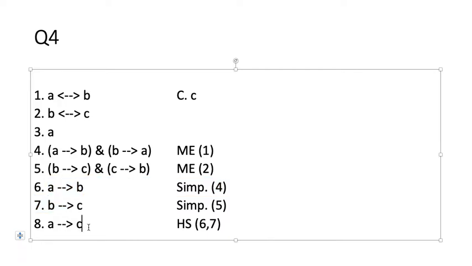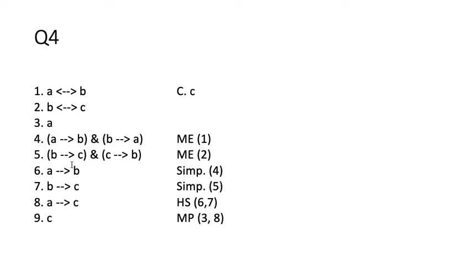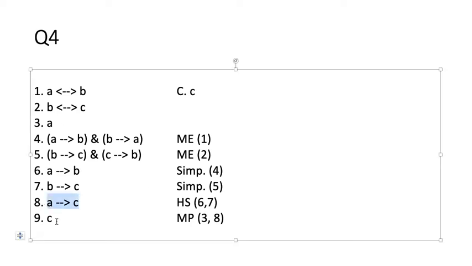And this is super nice because now I have a conditional that says if A, then C. C is my conclusion. And on line 3, I have A. So I can now just do modus ponens on line 3 and 8 to give me C.